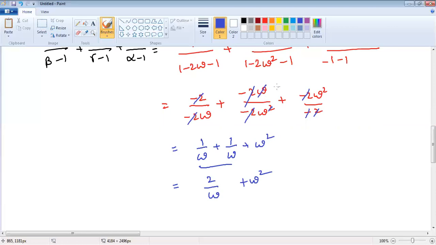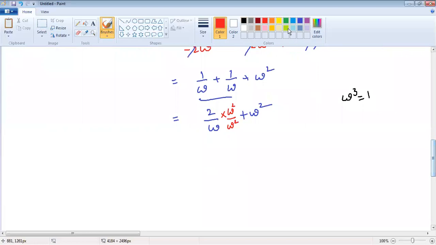We know that omega cube is 1. So for this, I am going to multiply with omega square to balance the denominator. Then it becomes 2 omega square by omega cube plus omega square. Now the denominator, as usual, is 1. So we get 2 omega square plus omega square, which is nothing but 3 omega square.